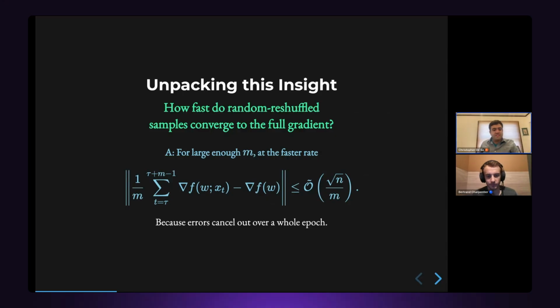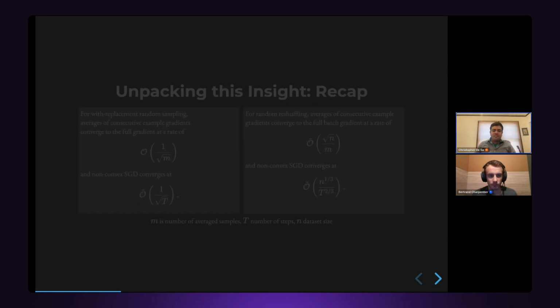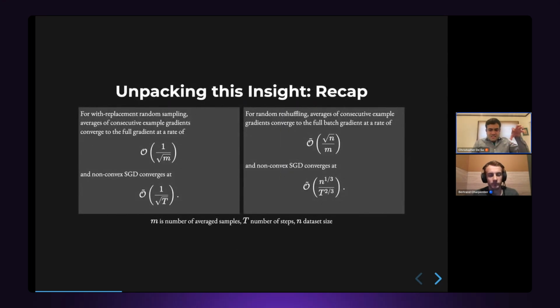And so the whole thing scales as the square root of n, the data set size, over m, the number of samples. And that's faster, for a sufficiently large number of samples, than the Monte Carlo rate. You can actually prove that this gap pushes through the convergence proof of stochastic gradient descent and gets us that accelerated rate for SGD.